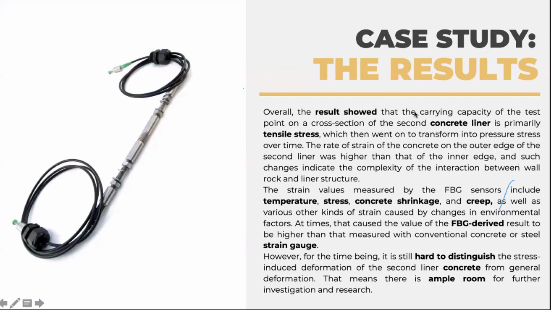The strain values measured by the FBG sensors include temperature, stress, concrete shrinkage, and creep, as well as various other kinds of strain caused by changes in environmental factors that we can get using the FBG sensing technology within the tunnel. Okay, let's go to the next slide.